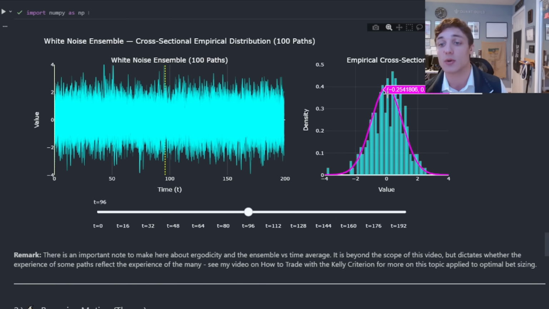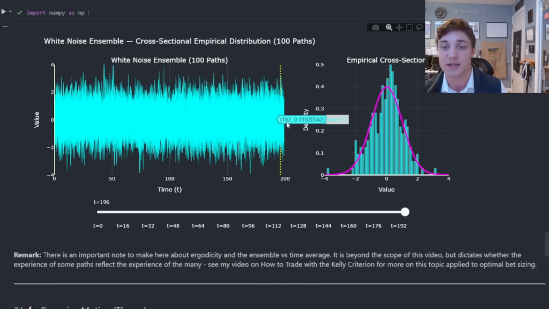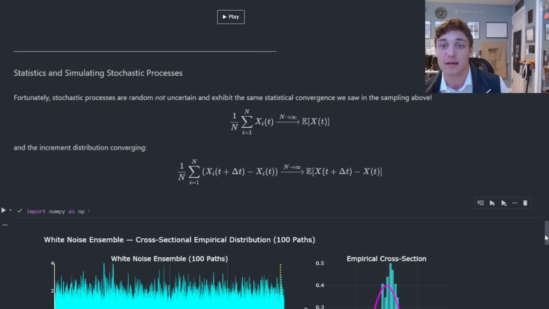Sometimes you're not going to be able to just draw from the theoretical distribution directly. You will have to simulate a whole bunch of paths to be able to observe an empirical distribution that you can then compute statistics on to produce a price for your financial instrument. And you know that price is going to be reasonable because it converges to the population statistics thanks to the law of large numbers.